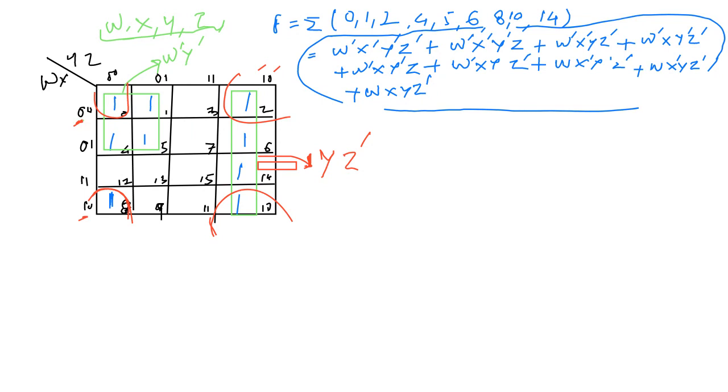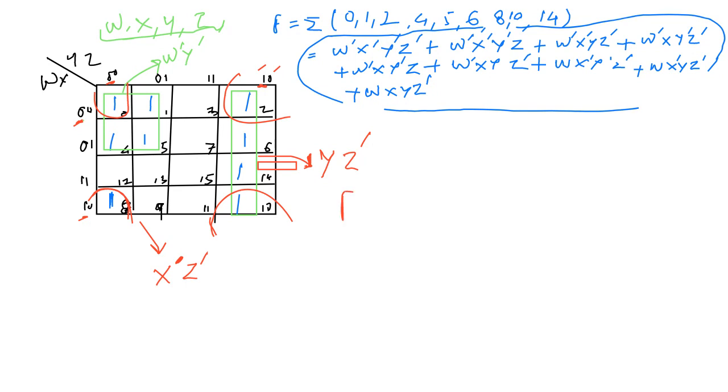X is 0, 0, so we'll write x dash. Now y value is 0 and 1, we'll neglect. Z value is 0, 0, so z dash.